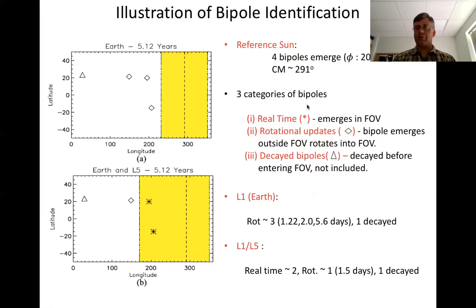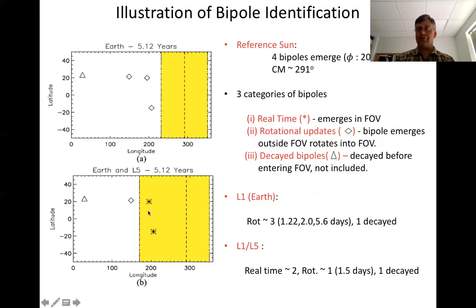The first type of dipoles are what we call real-time emergences. This is where a dipole emerges in the reference Sun model and is also within the field of view for either the L1 simulation or L1 plus L5. You can see here that on this day, no dipoles are actually emerging within the field of view from L1, so none would be included in real time.